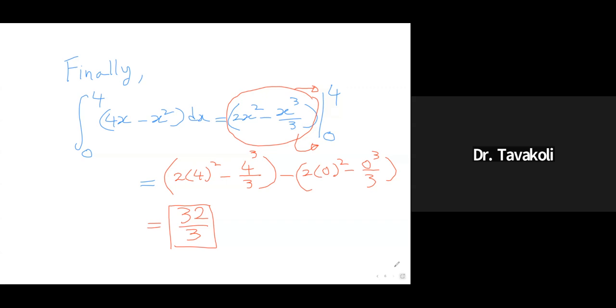Let's do another example. Again, in the next example, it doesn't give us from where to where. We need to intersect the two functions to find the points of intersection.